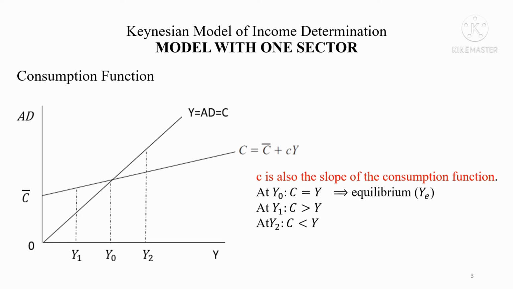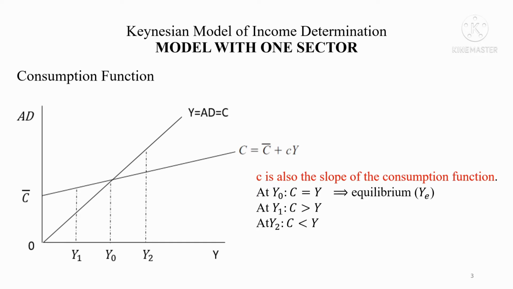This means that income and consumption are positively related. The line that divides the whole right angle is called the 45-degree line, or the Y line, or income line. Its purpose is to help us locate the equilibrium level of income graphically.